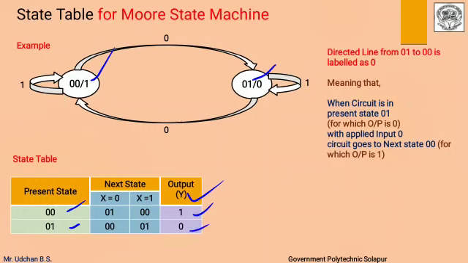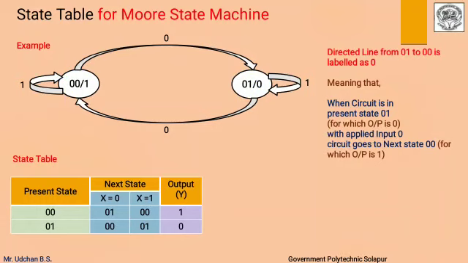So when the machine is in state 00, the output will be always 1, whereas when the machine is in state 01, the output will be 0 for this particular example.